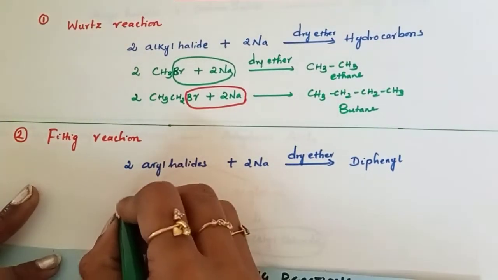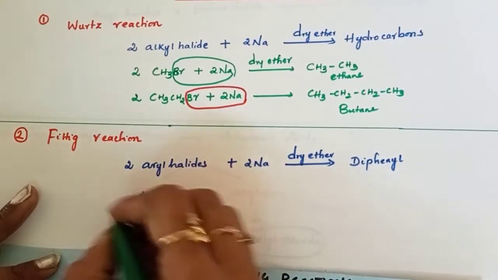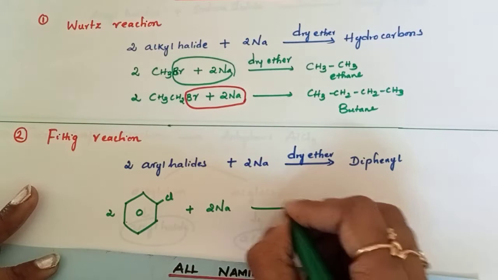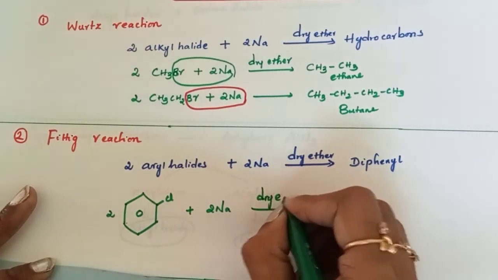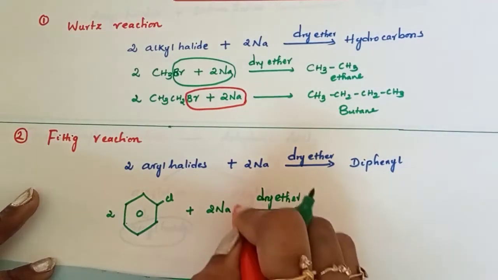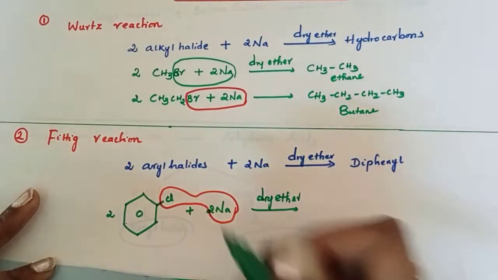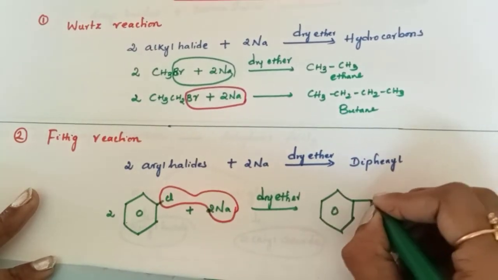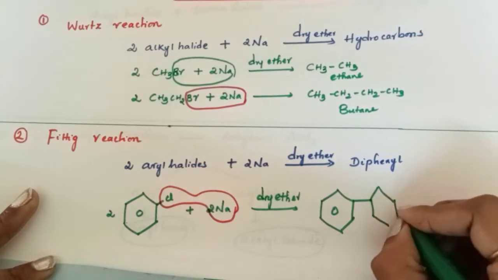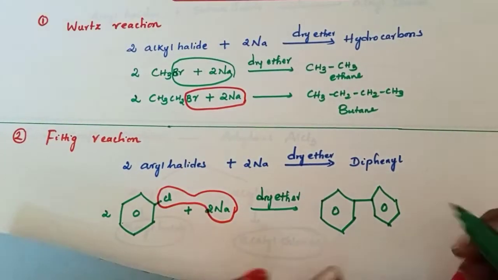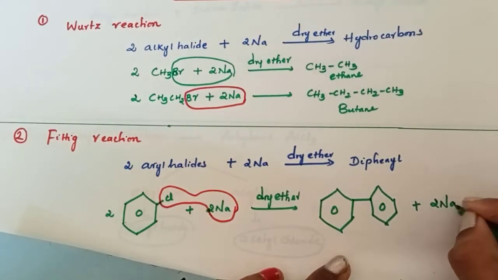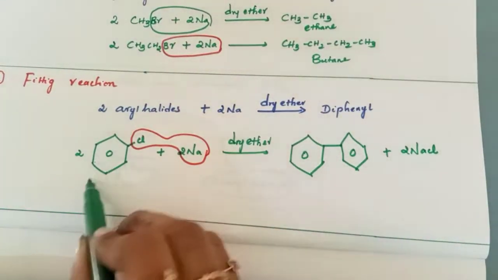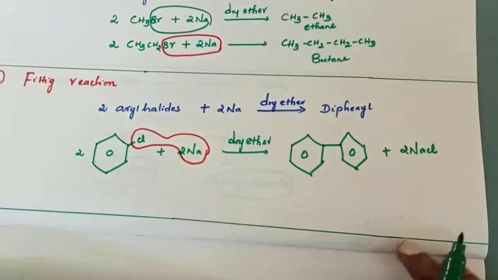So see here, two molecules of chlorobenzene which on reaction with sodium in the presence of dry ether, here Na and Cl are eliminated, so we will get biphenyl compound plus two molecules of NaCl. Here these two groups are joined together to form a product.